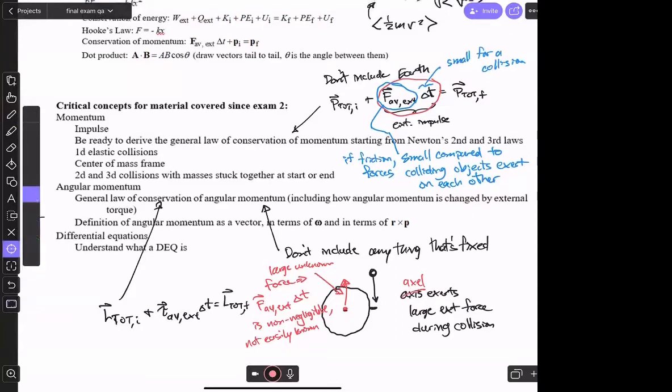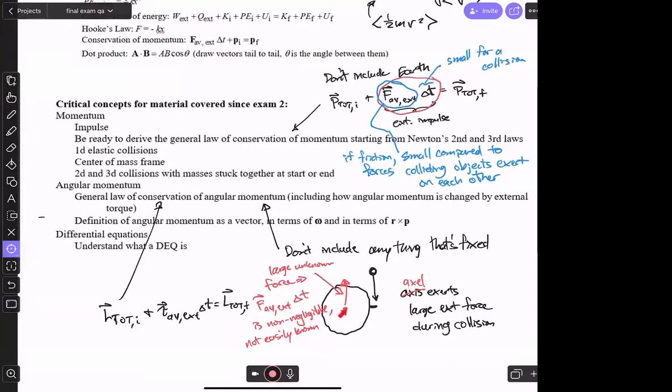So this force, because the line of action of the force passes through the axis of rotation, exerts zero torque. So it's easy to apply conservation of angular momentum. It's a really good question, Emma.